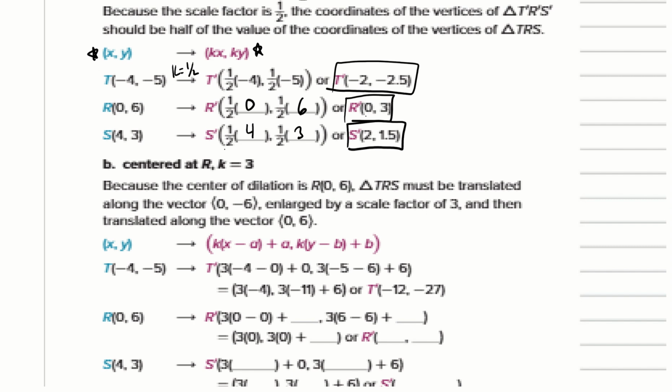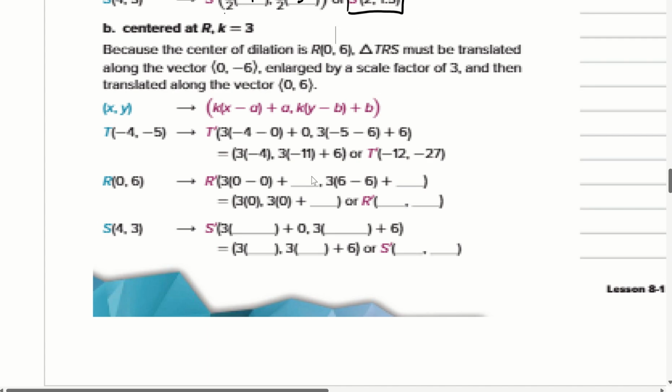Really simple, guys. Now, when you get to the one centered at R, now R, remember, is 0, 6, okay? So if you're centering at R, you got to be careful. R, they said, was 0, 6. Wherever you center it, the center of dilation, that's going to be your A, B. So this is your A, and this is your B in the formula.